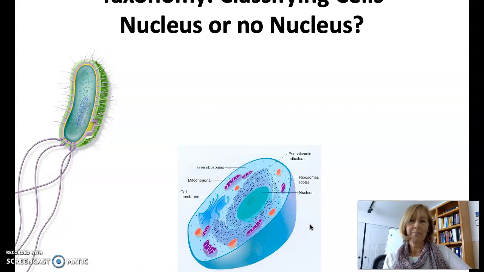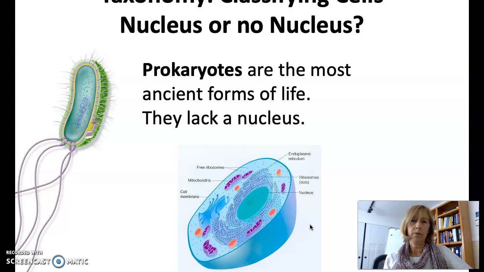Okay, the other summary that I'd like to summarize is the classifying of cells. And you had a video on that, and it was, how do we classify them? And the first classification is it a prokaryote, which is the most ancient form of life? They don't have a nucleus.